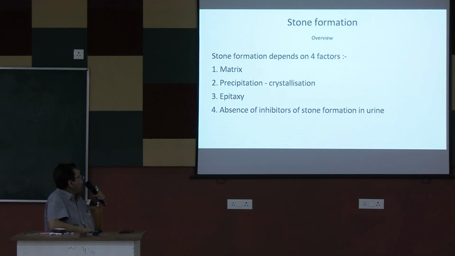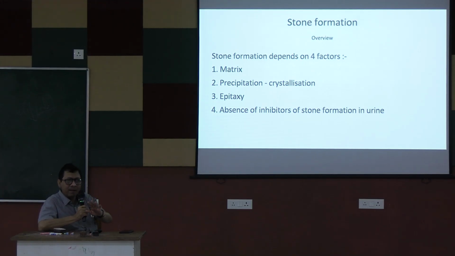This I have said, and how this is supported by the matrix. There are certain mucoproteins present in the urine which have a dual role. In those who are not stone formers, this matrix of mucoproteins prevents stone formation. But in those who are stone formers, it helps by providing a scaffold on which the nucleus or the ionic particles get deposited to form the stone.